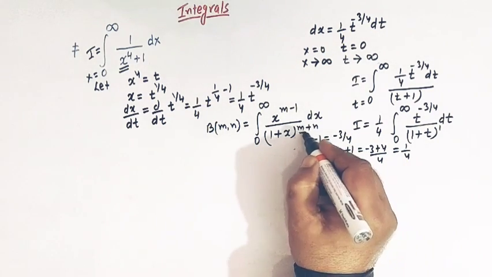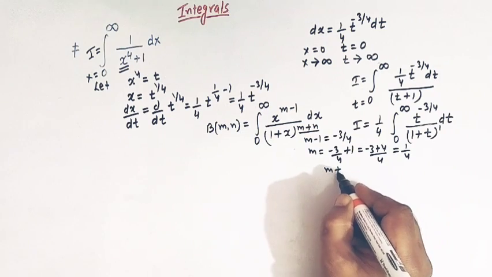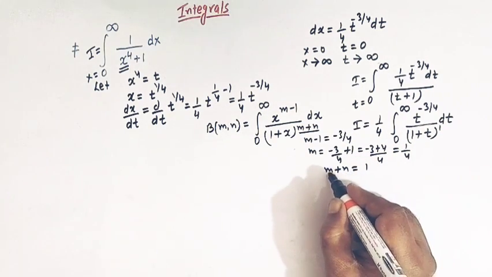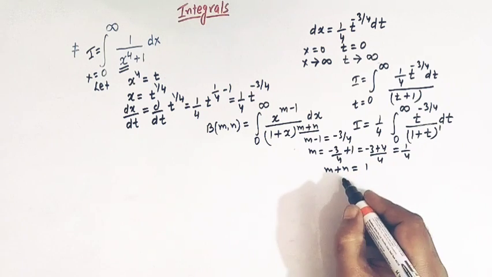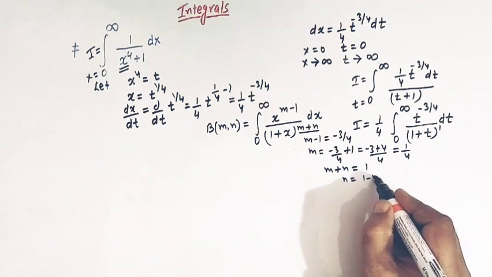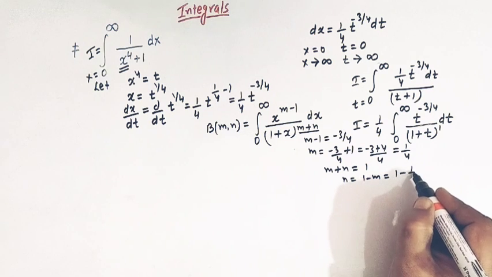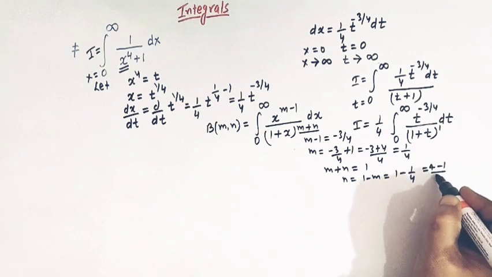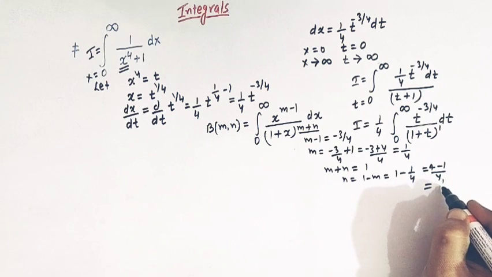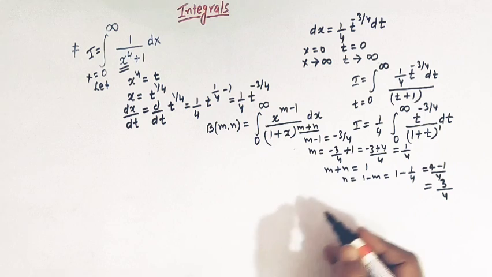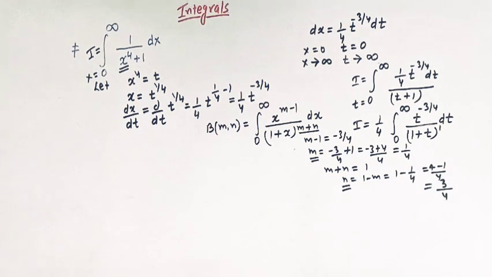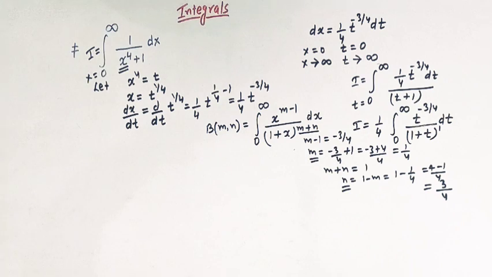And m plus n may be taken as equal to 1. Since m is already 1 over 4, n is 1 minus m, so we have 1 minus 1 by 4, that is 4 minus 1 over 4, that is 3 over 4. So the value of m is 1 by 4, and the value of n is 3 by 4.